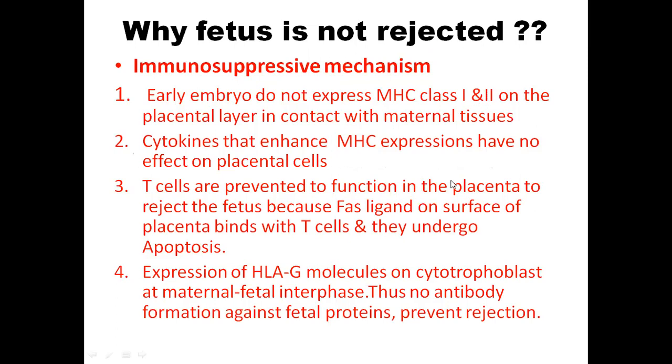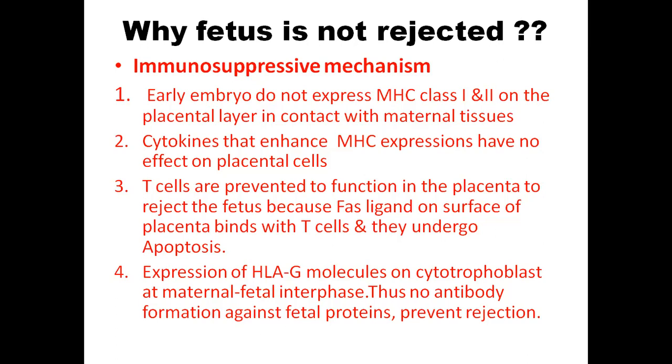First and foremost is that the early embryo does not express MHC class 1 and class 2 on the placental layer in contact with the maternal tissue. So maternal tissue cannot identify them as a foreign agent. And the cytokines that enhance this major histocompatibility complex expression do not have any effect on placental cells. So MHC expression remains suppressed, number one.